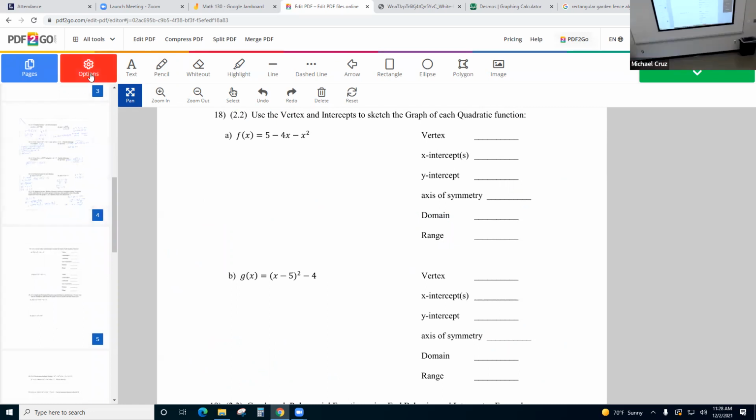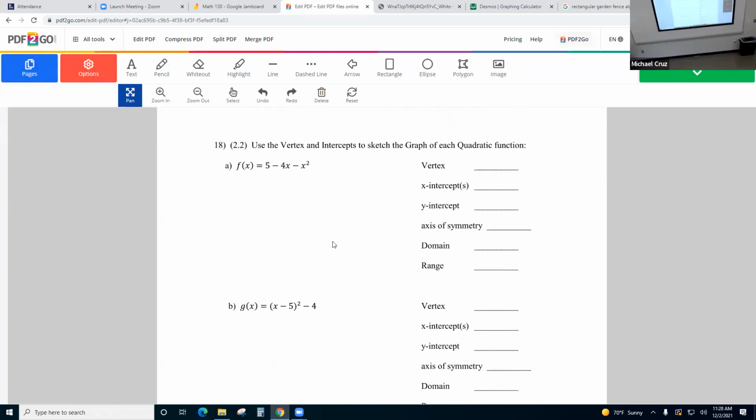All right, so you remember how to find the vertex? And it helps to have this written in ascending order.